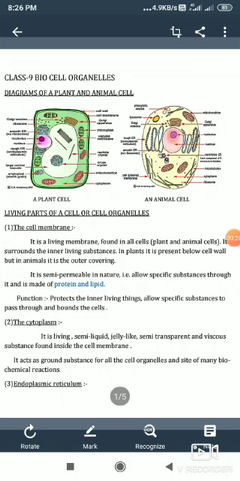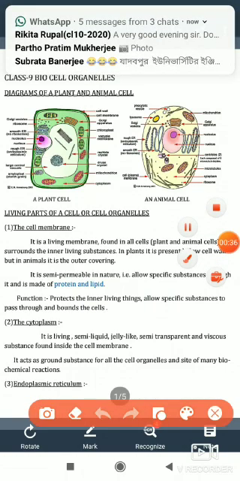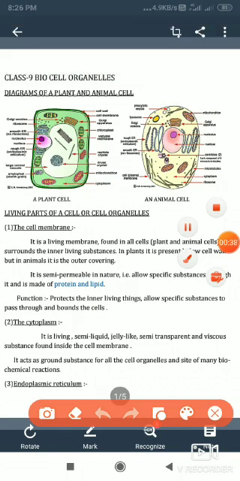I first ask you to observe the diagrams of the plant cell and animal cell. In this, all the organelles are clearly labeled.